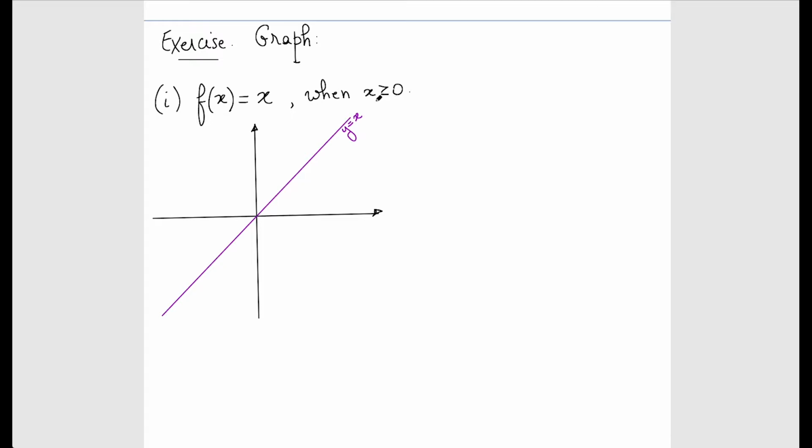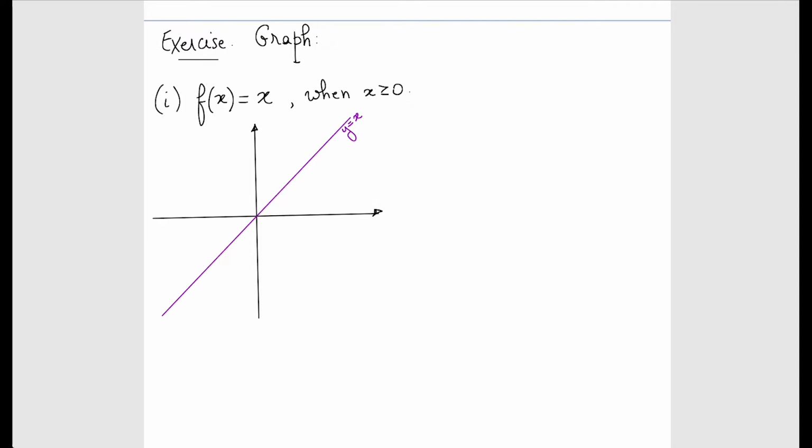X is the input. For those inputs that are non-negative. So meaning, go to this graph and retain all the points on the graph whose first coordinate is non-negative.